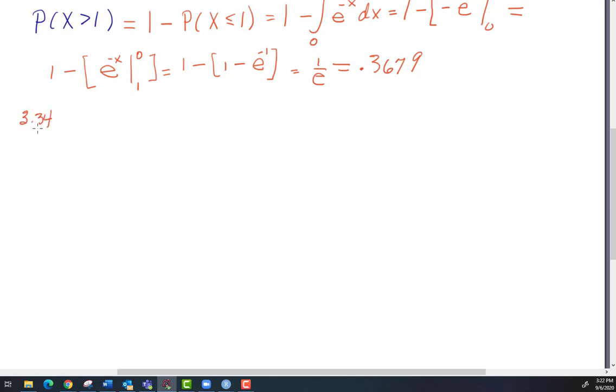3.34. Find the distribution function for the above.